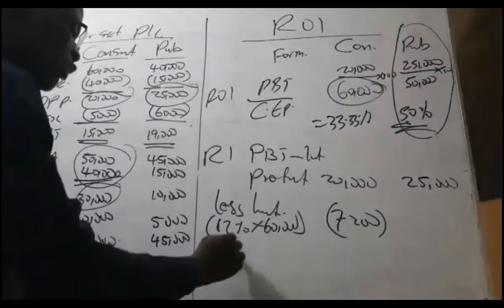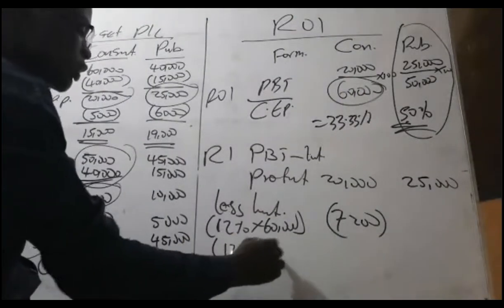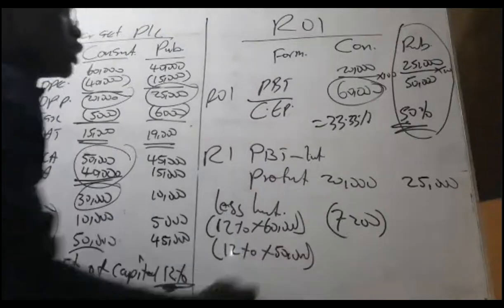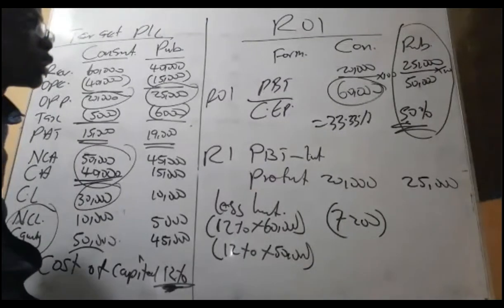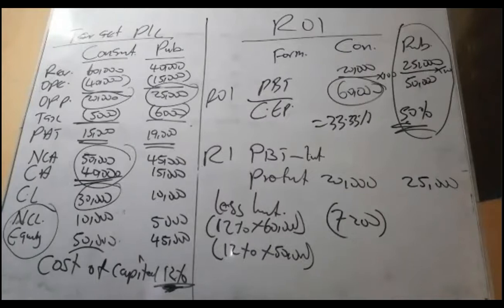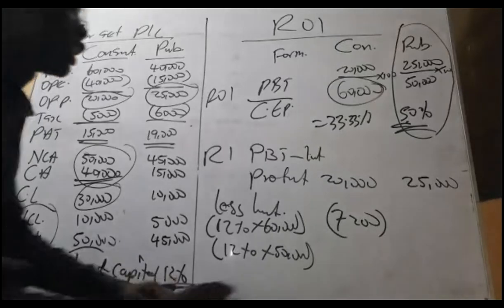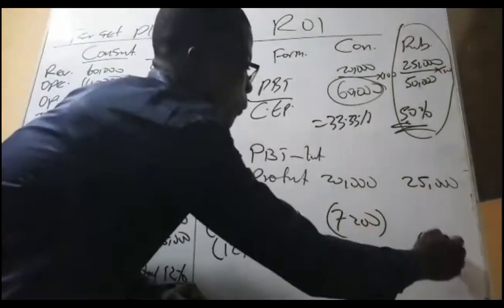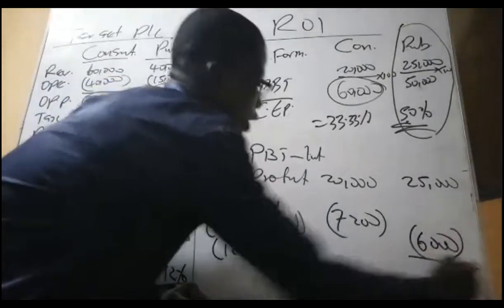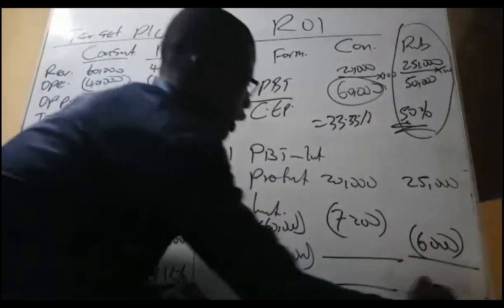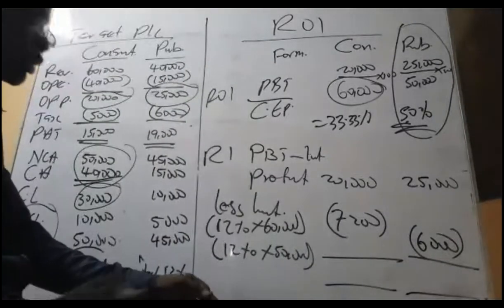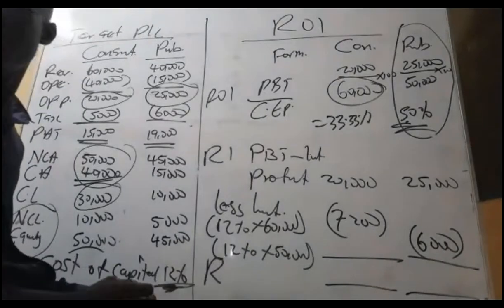It will be 12% times your 50,000, that will give us 6,000. So you take it off, and then this is the residual income.